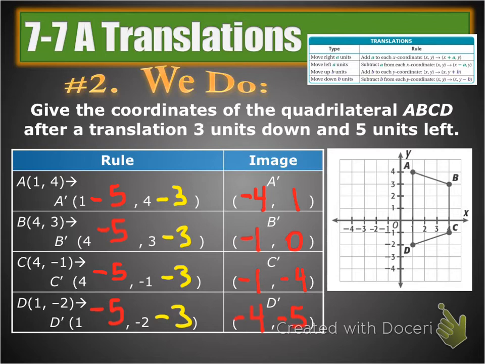So if we're going to plot those points, it says A prime is negative 4, positive 1. So that's my A prime. My B prime is negative 1, 0. So right there's B prime. My C prime is negative 1, negative 4. And my D prime is negative 4, negative 5.